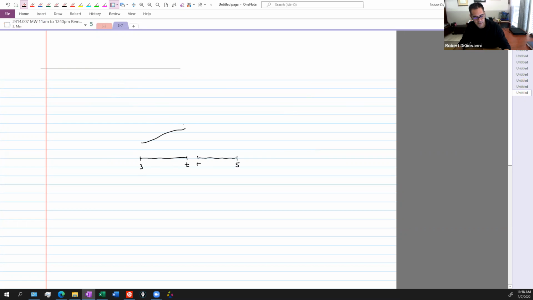Imagine there's some function up here, and we know that we have some asymptote happening. This is where 4 is, right? That's 4 right there. What we're doing is finding the area between 3 and T, and then R and 5, and then we let T approach 4.